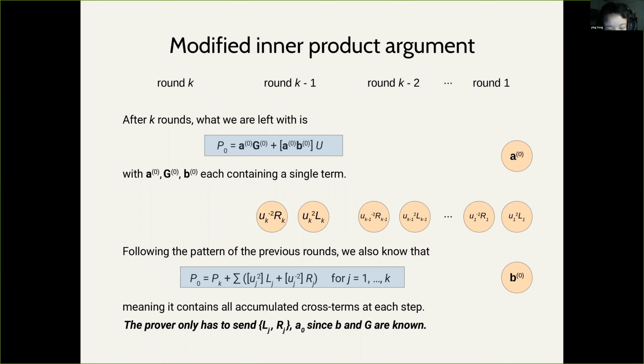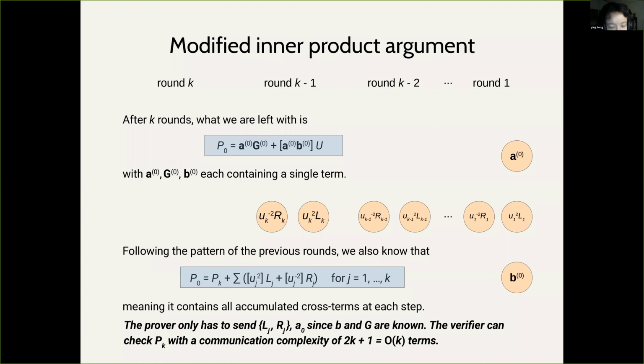So now what the prover has to do is send these 2K cross terms and the final A0. And we don't have to send B0 and G0 because we already know these are public, right? So that's why on the next slide, you can see the communication complexity of our protocol is, okay, it's great.